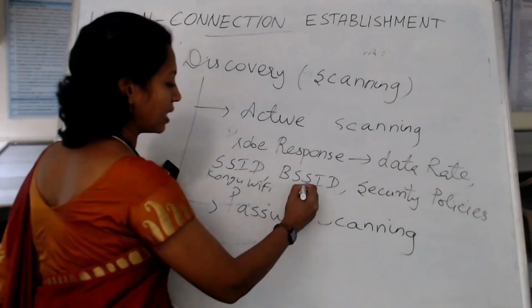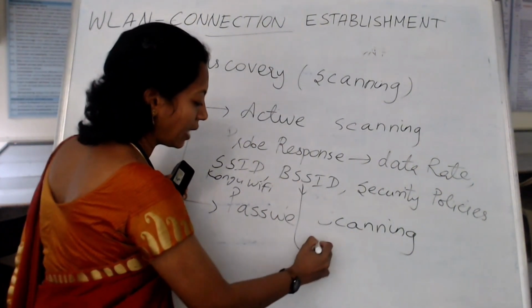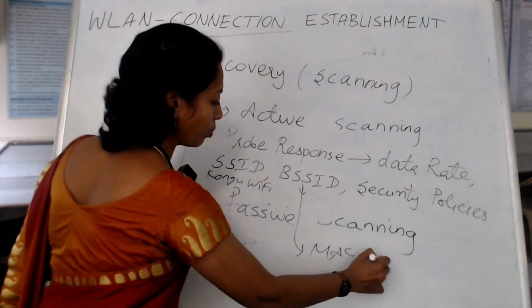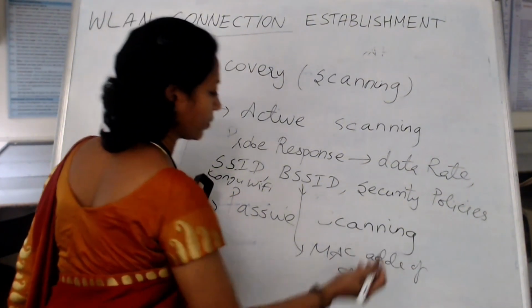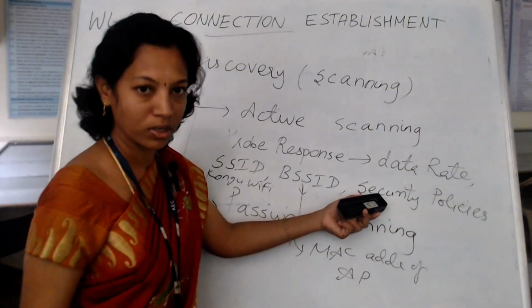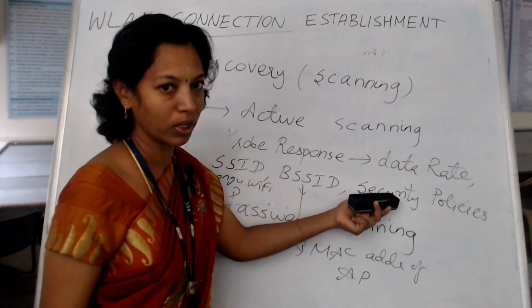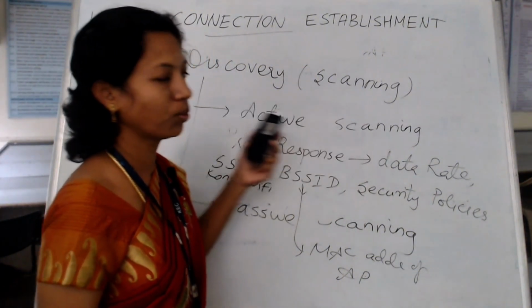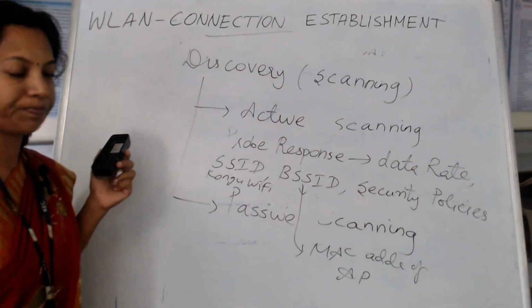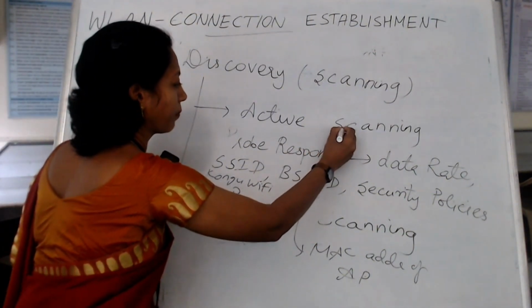And then basic service set ID, which is nothing but the MAC address of the access point. The next one is security policies, that is what type of security protocols it is following. That information will be advertised from the access point to the client. This is a form of active scanning.